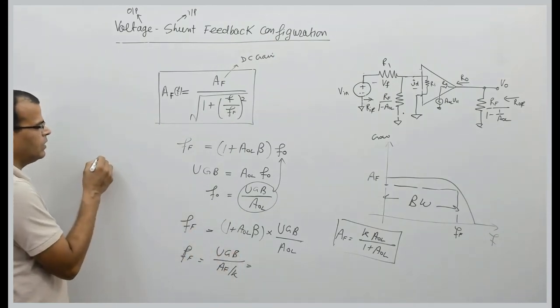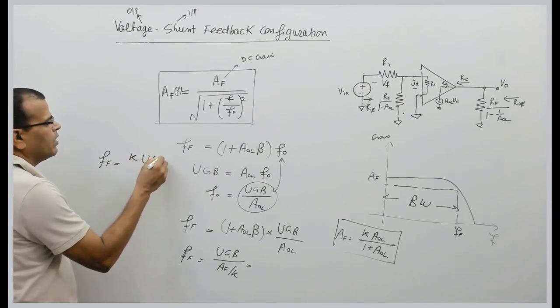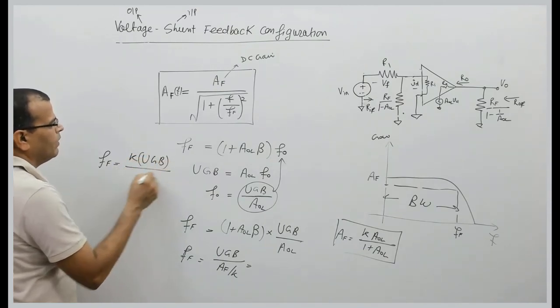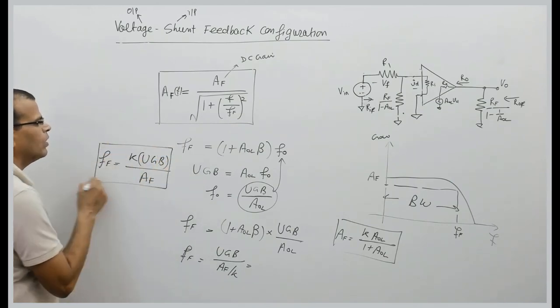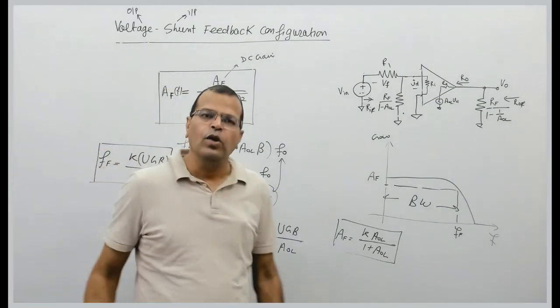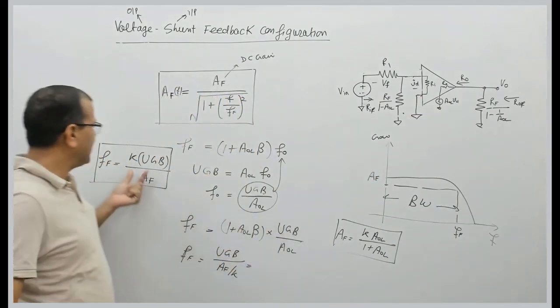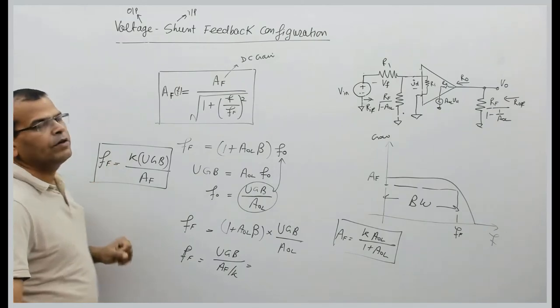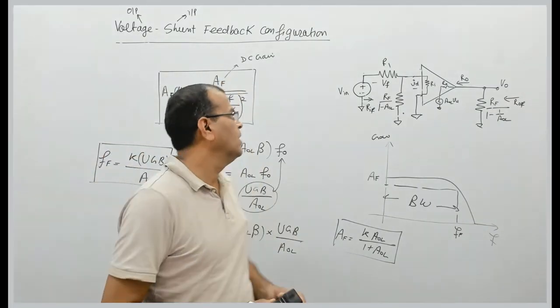The cutoff frequency with feedback will be K into unity gain bandwidth divided by gain with feedback. That is one expression which is applicable for inverting amplifier. So there is a factor K introduced in feedback, that is cutoff frequency with feedback. Fine.